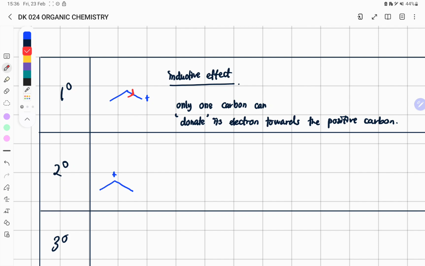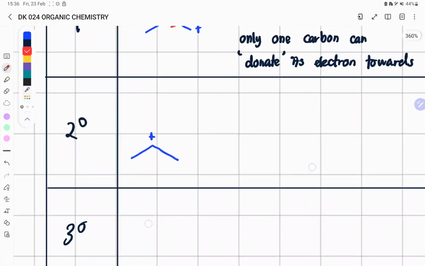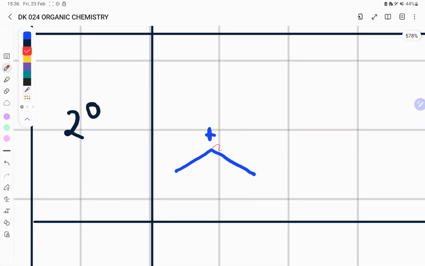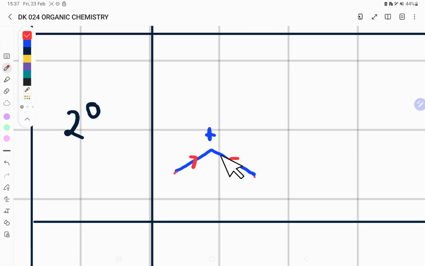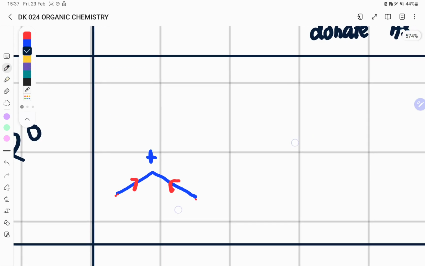Okay. So now let's have a look at the secondary carbocation pula. So dekat sini, this carbon is bonded to 2 carbon. So apa yang berlaku adalah carbon ini ada 2 carbon yang boleh donate.